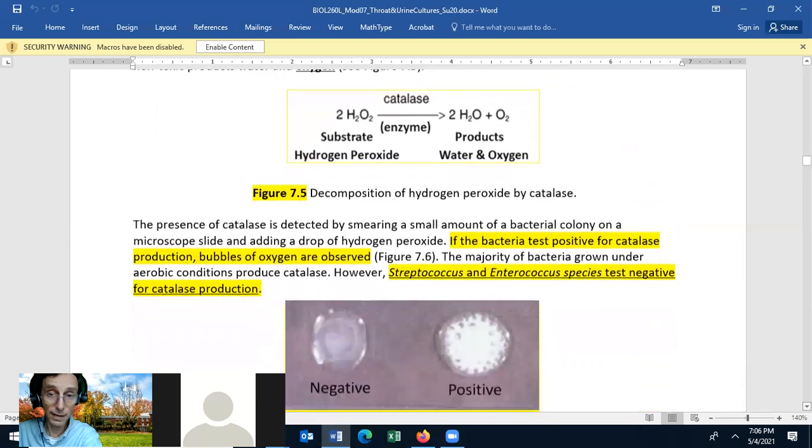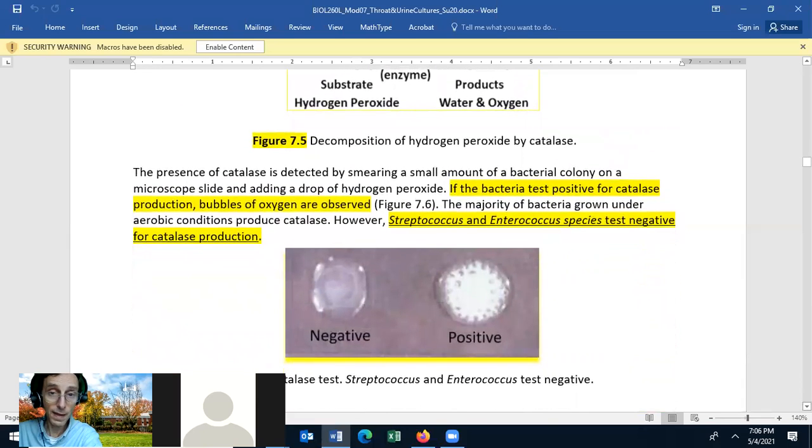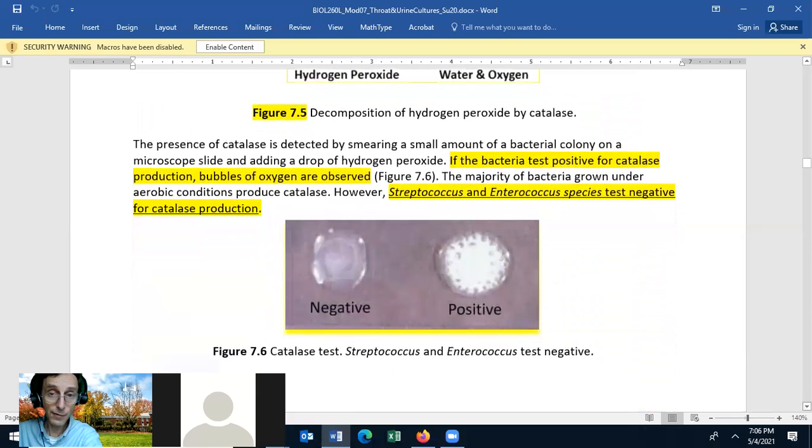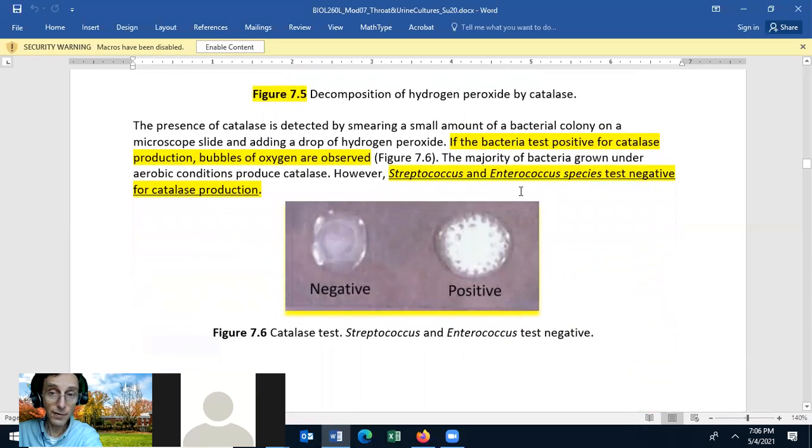Most bacteria that grow in the air produce catalase. However, Streptococcus and Enterococcus are negative for catalase production. So if in the catalase test it looks like this, it could be Streptococcus pyogenes, and if it's positive, it's definitely not Streptococcus pyogenes.